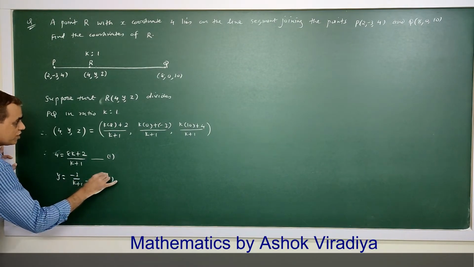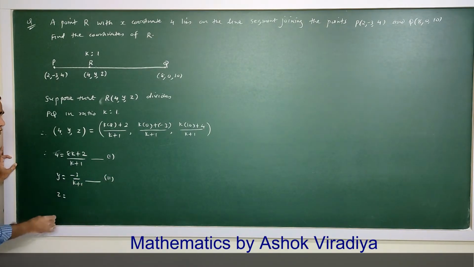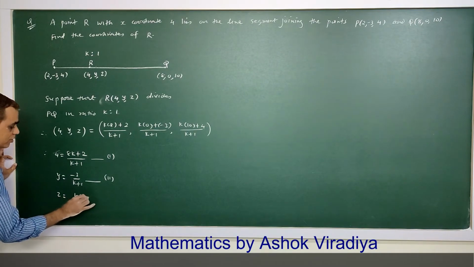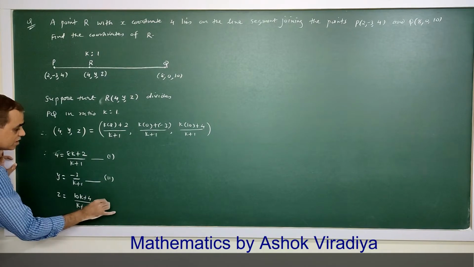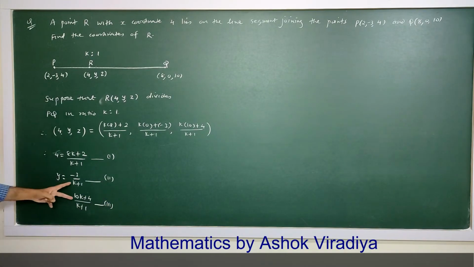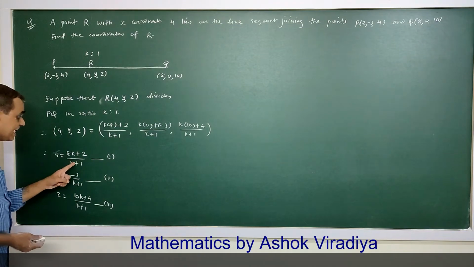This is equation 2. z is equal to 10k plus 4 upon k plus 1. This is equation 3. So these formulas will calculate coordinates y and z, and the first equation calculates k.